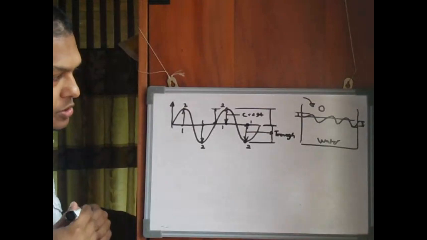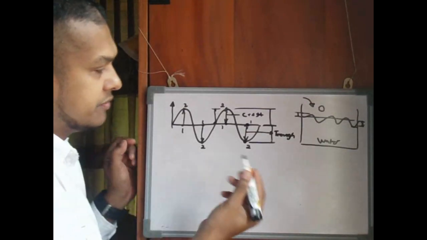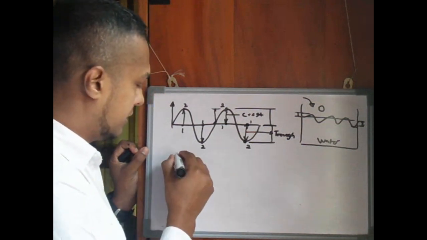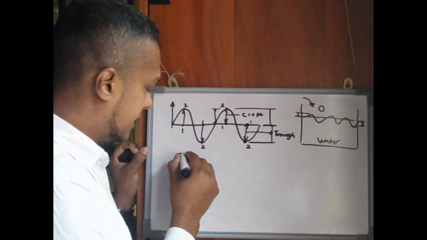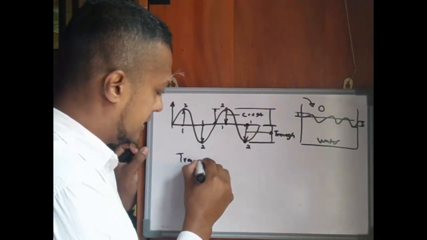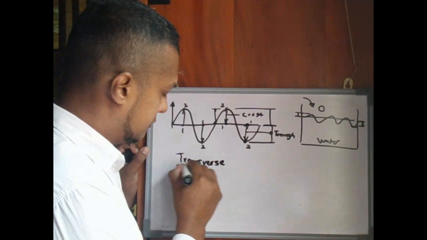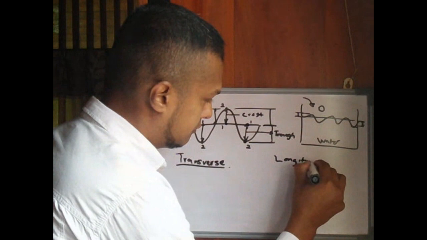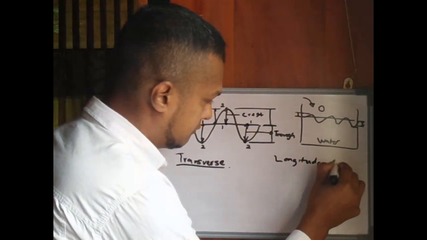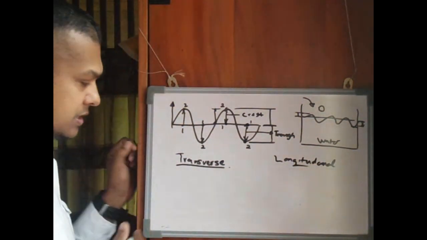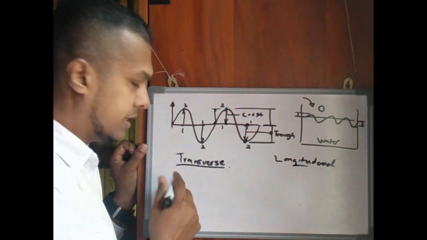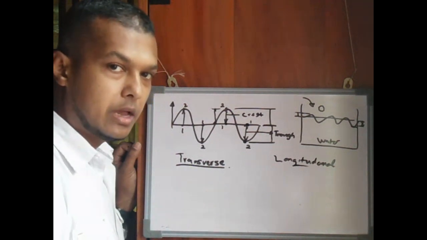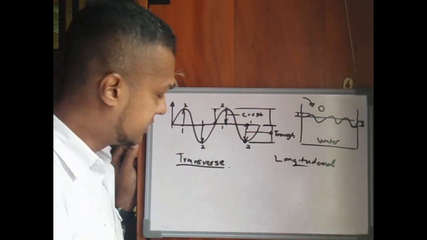Now if we move on to the two types of waves we discussed last time, first is transverse, and second one is longitudinal. With transverse waves, we know the actual particle of the wave moves perpendicular to the direction of the wave.